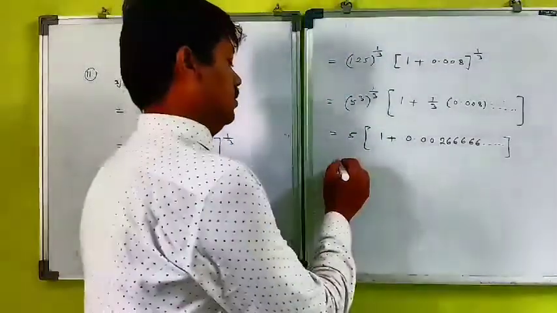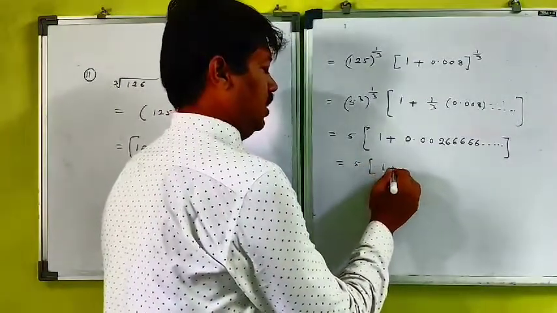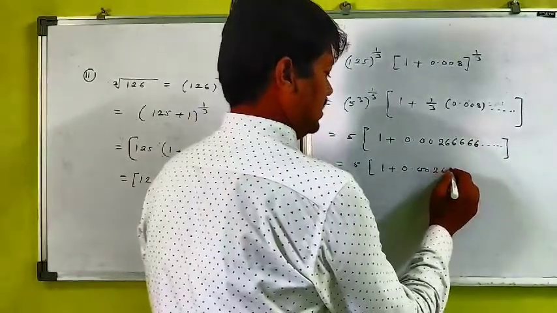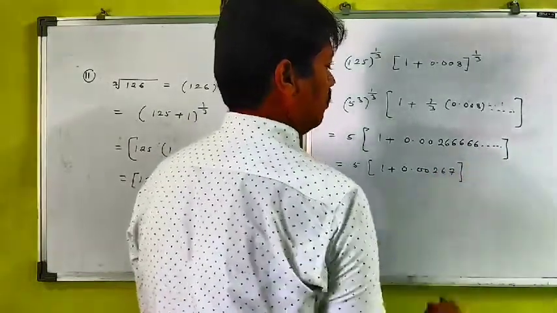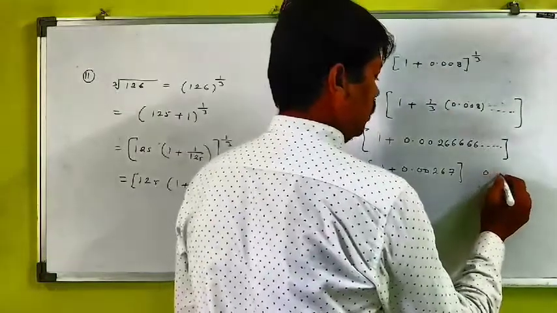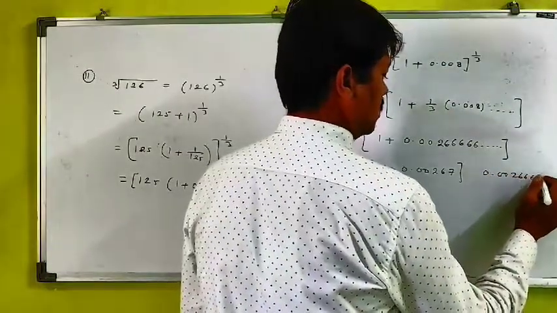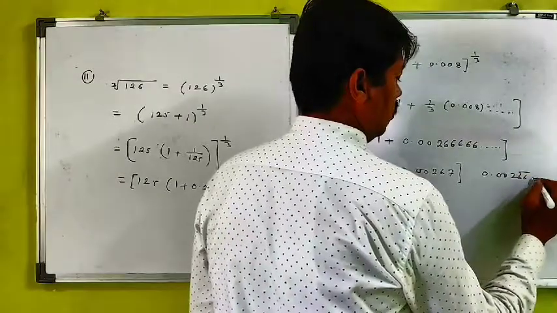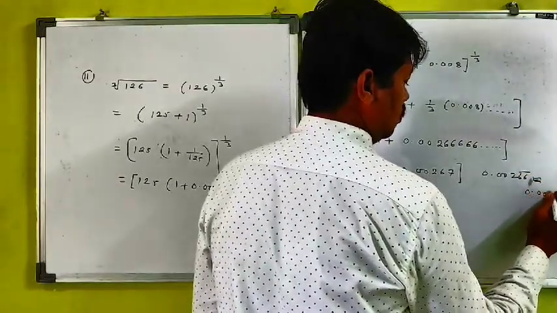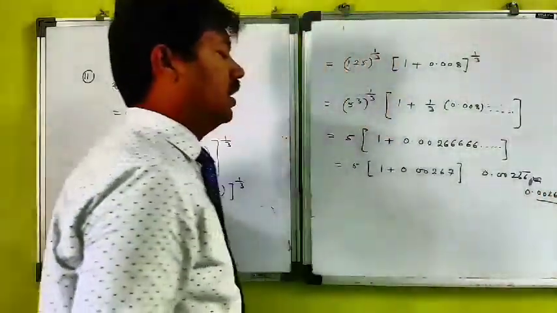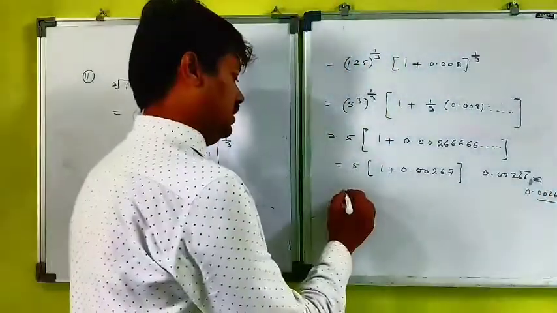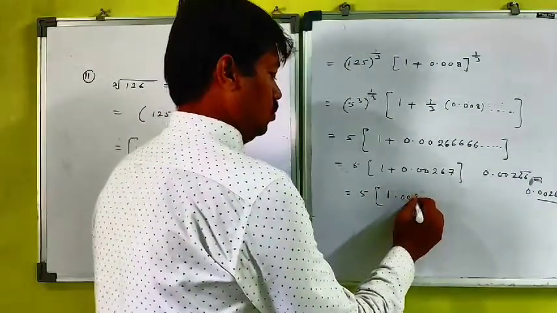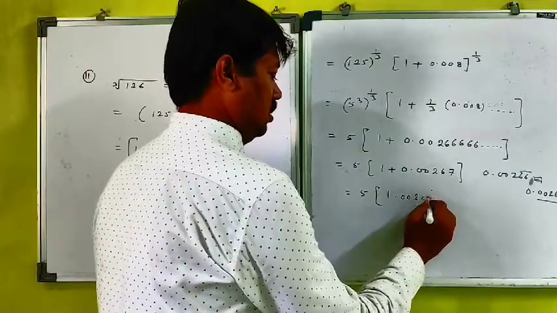So it is 5 into 1 plus 0.00267 we can write, because 0.00266 is recurring, so we can write this as approximately equal to 0.00267. When it is added in this, it becomes 1.00267.